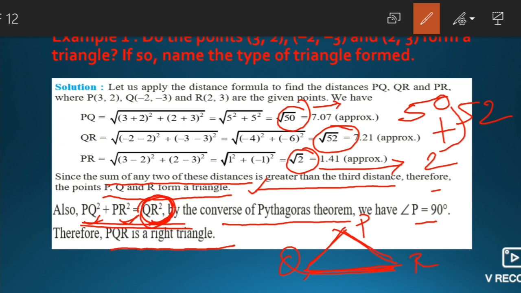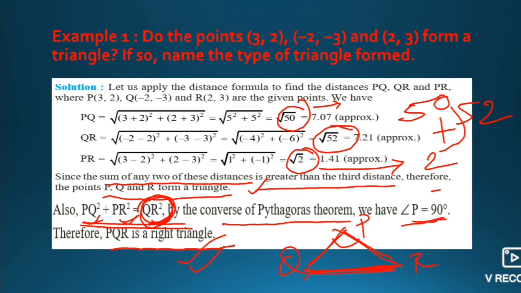That means one side's square is equal to the sum of the squares of the other two sides. So by the converse of Pythagoras theorem, the angle opposite to QR, that is P, will be 90 degrees. That's why P is 90 degrees and PQR is a right angle triangle.